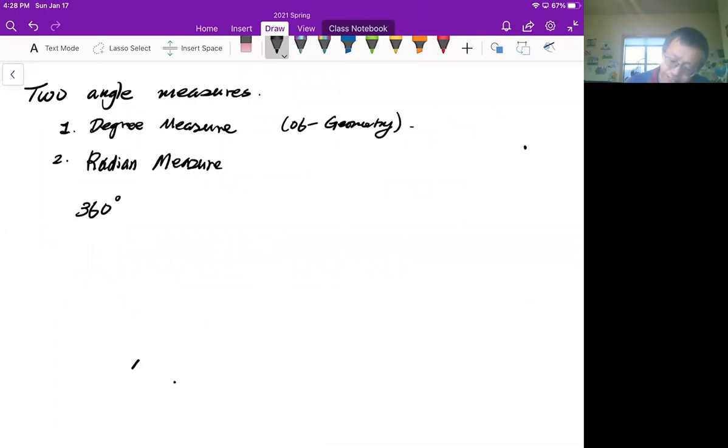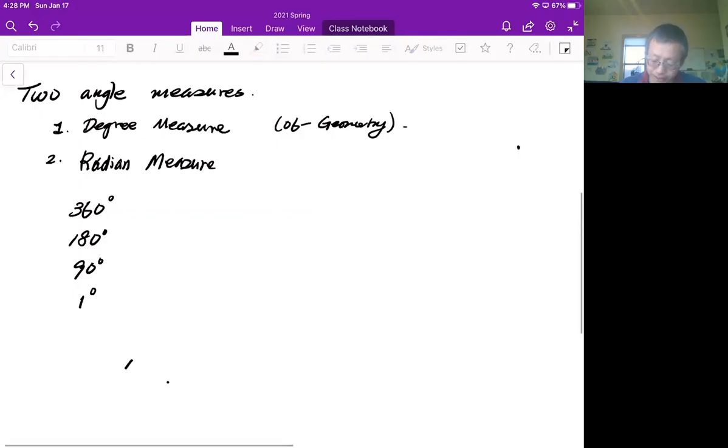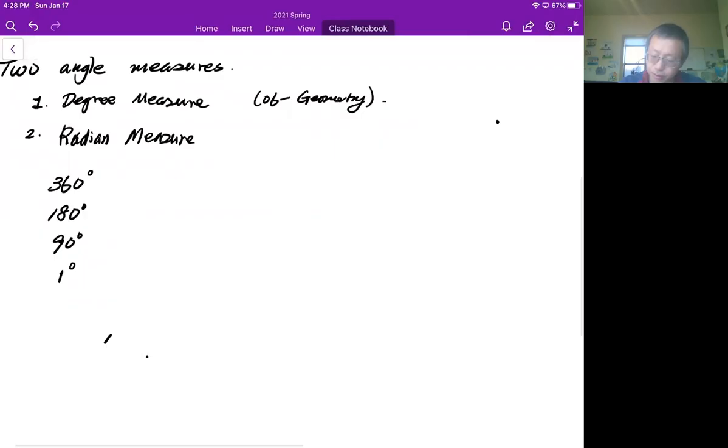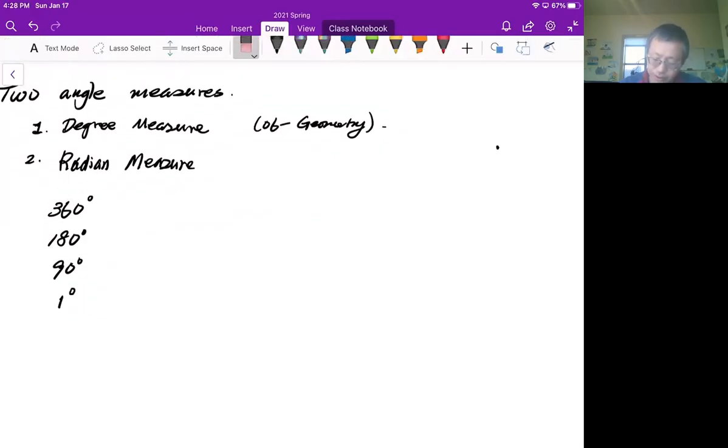Half of that revolution is 180, called the straight angle. Then we have the right angle, which is 90 degrees, and then you can have 45 degrees, 30 degrees, etc. The unit is just 1 degree. That's the degree measure. But now, what is the radian measure?